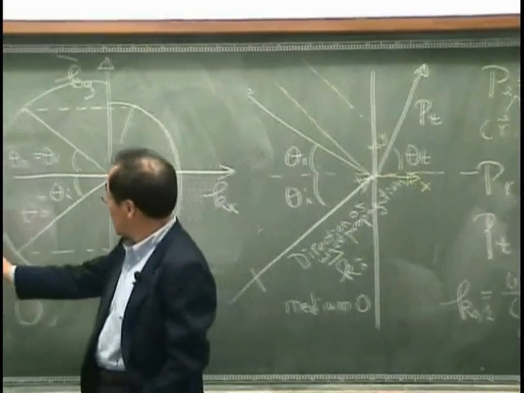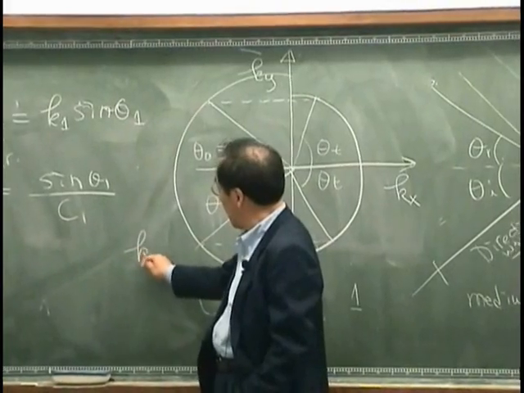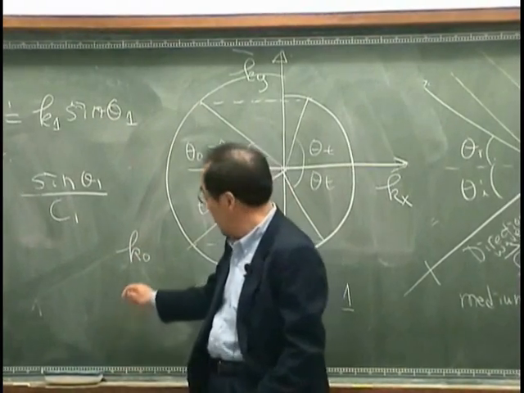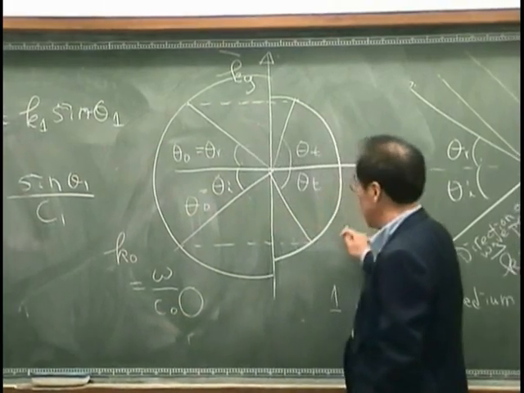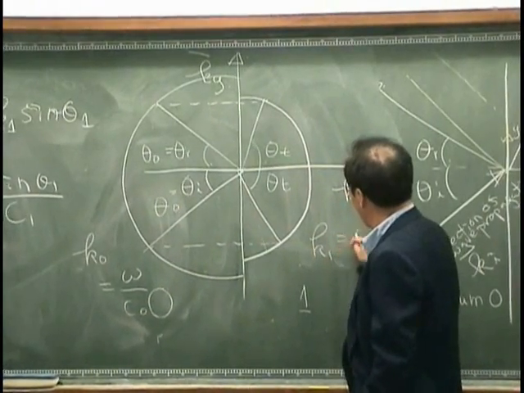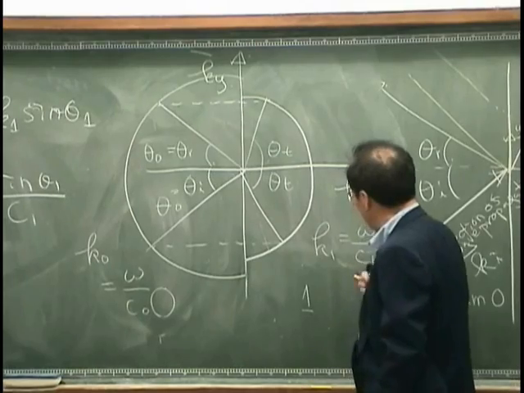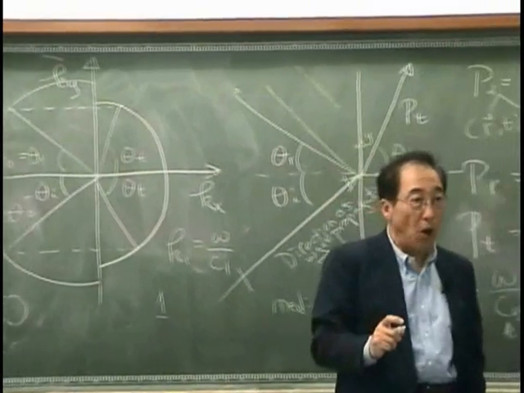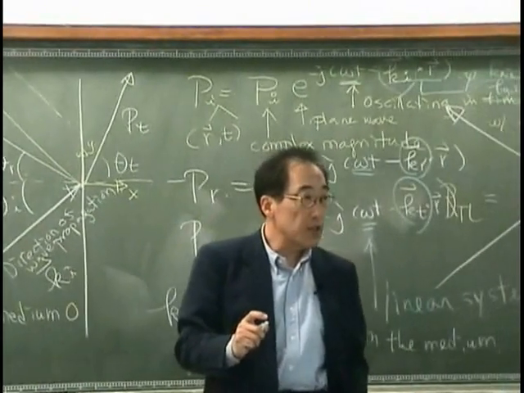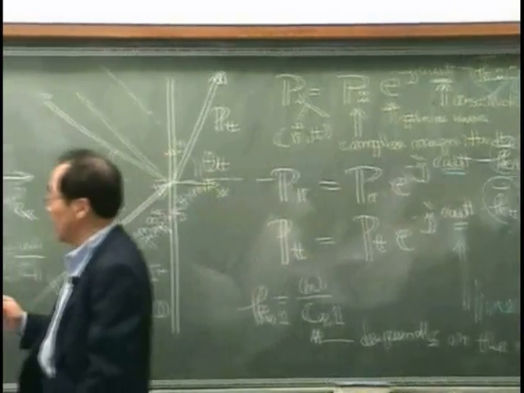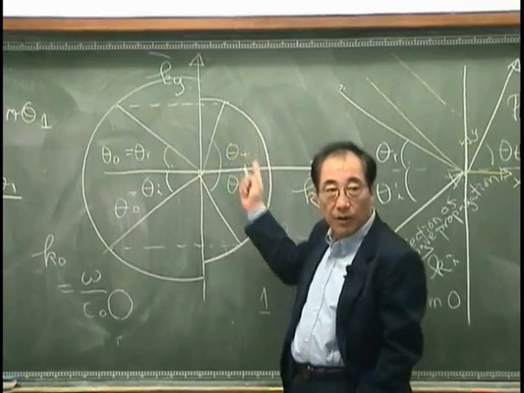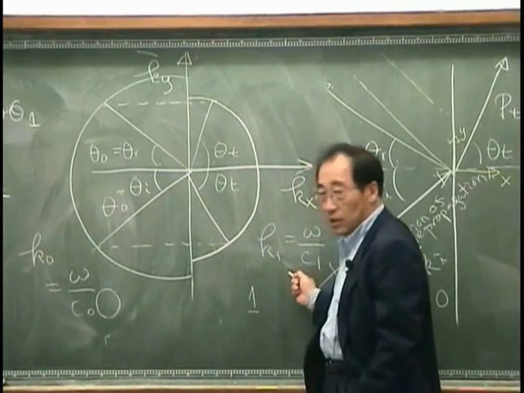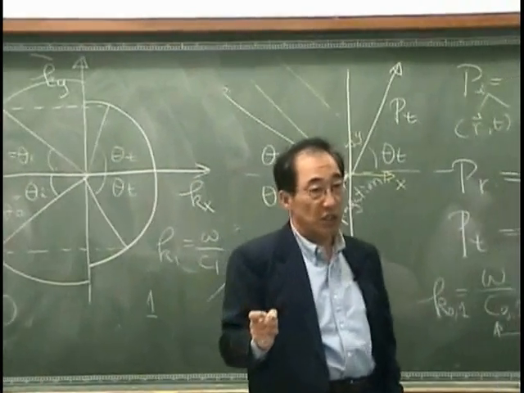The magnitude of this wave number is omega over C0, and this is omega over C1. If C1 is small compared with C0, then we will have the opposite type of graph. This is the case when C1 is larger than C0.